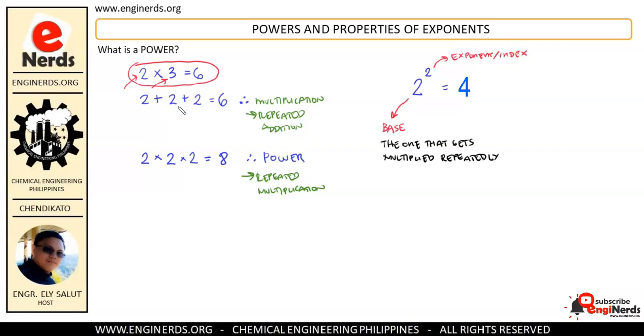Ang exponent or index naman is the one that tells us how many times the base has to be multiplied. And this as a whole is what we call power. So, what do we mean by power? Power is an expression that represents repeated multiplication of the same factor.